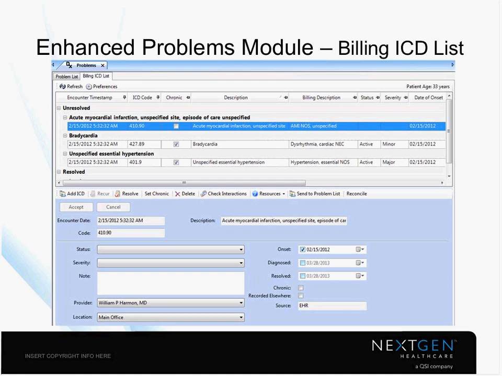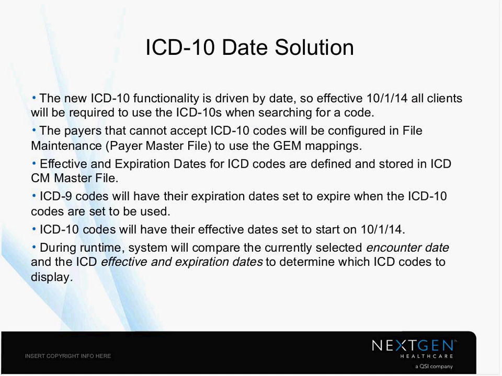Here's a screenshot of the differences, how it looks between ICD-9 and ICD-10. Again, we're going to go in, see every piece of this, and talk about every piece of it from top to bottom. Here we're going to talk about our date solution. What we're doing is allowing the end users to utilize a date value.